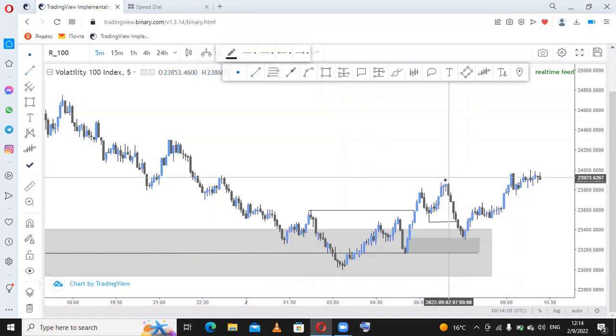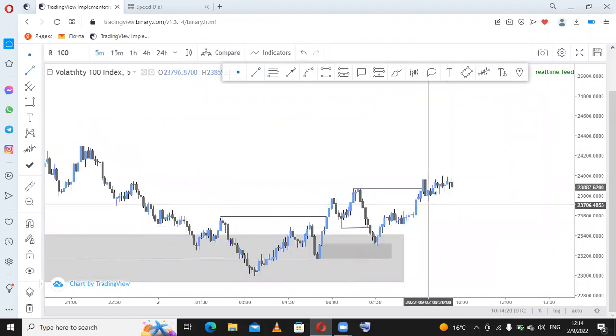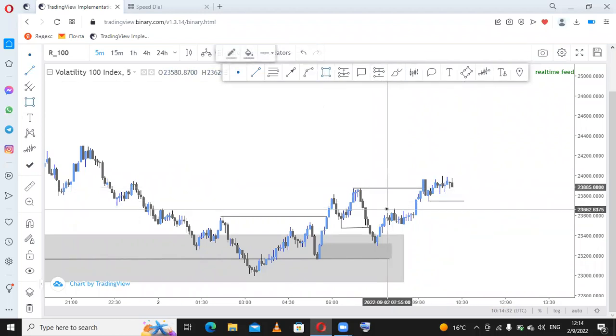So if you want to enter this V100, you have to wait for price to create a new higher low. From the looks of it, this is most likely to be our higher low, this one, and it has to be taken out, and you may enter in this zone.